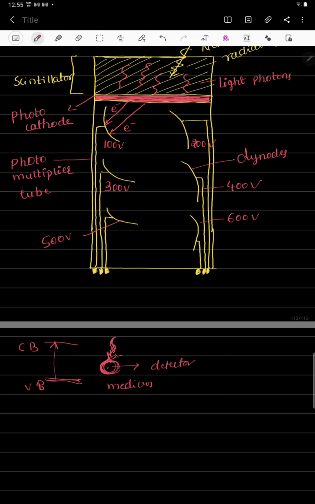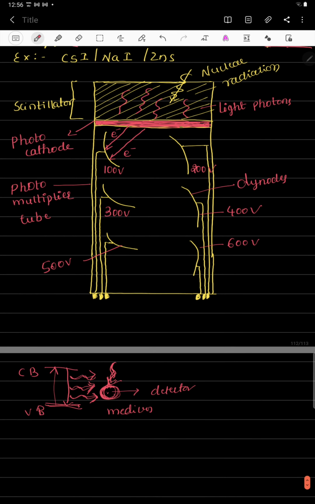After some time interval they come from the conduction band back to the valence band with the emission of photons, or light. This is how the flash of light, or photons, are produced inside the scintillation counter. So this is the principle.